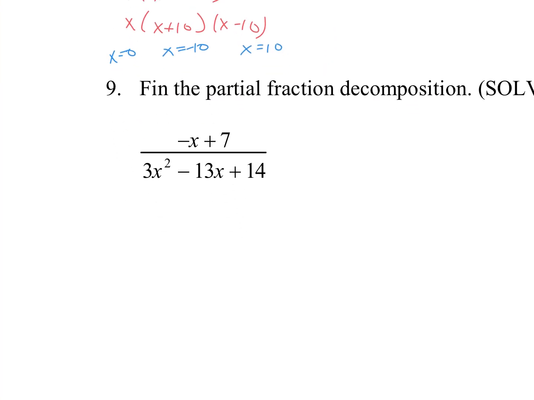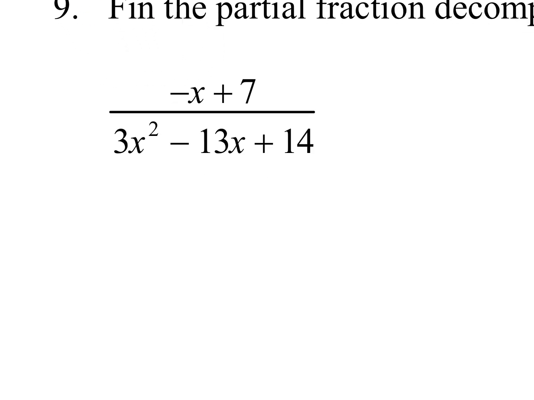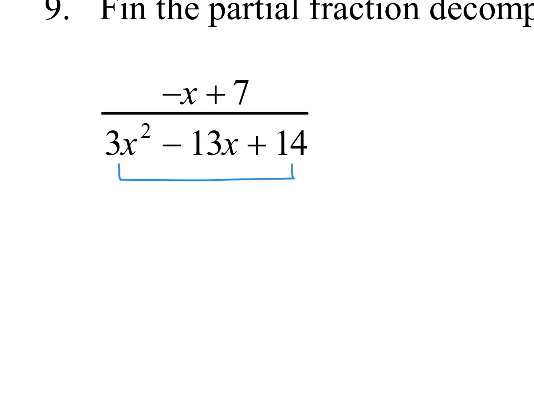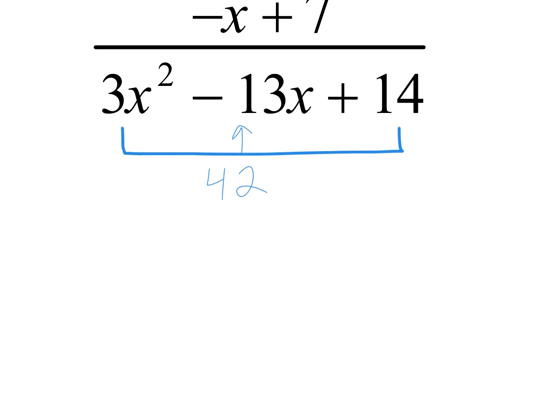Okay, let's see if we remember how to factor. What's 3 times 14? 42. Okay. Are there factors of 42 that multiply to give you 42, but add or subtract to give you a negative 13? 6 and 7, okay? Remember, guys, your A term is not 1. So you can either do it the grouping method or the way that I do it.